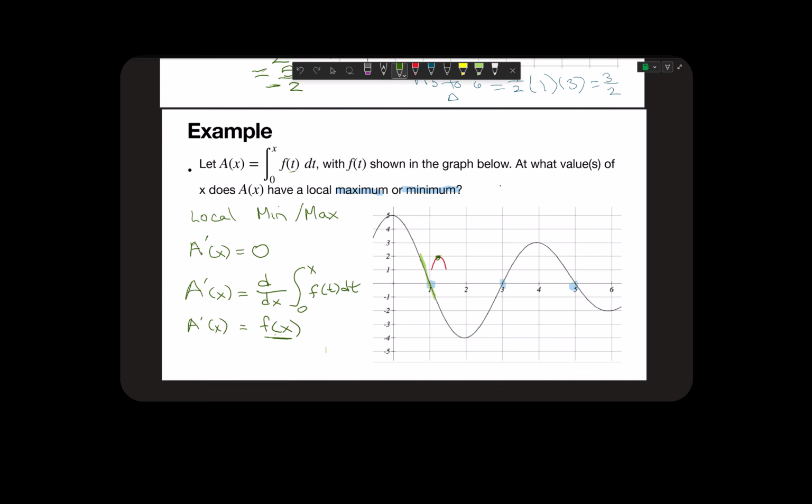It starts with a positive slope, and then has a negative slope, and that gives me a maximum. Now, at 3, it's going from negative to positive. That means we have a negative slope, then a positive slope. This makes a minimum. My maximum values are at x equals 1 and 5, and my minimum value is at x equals 3.